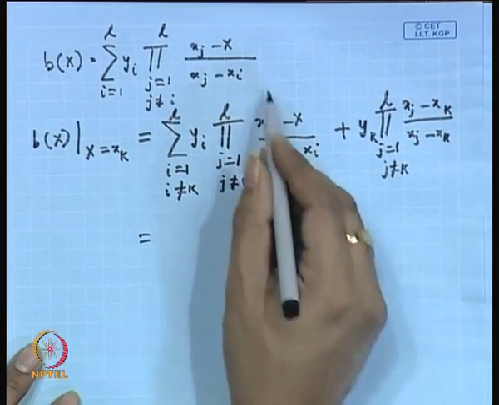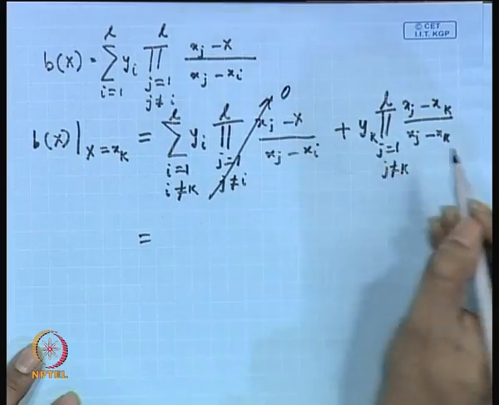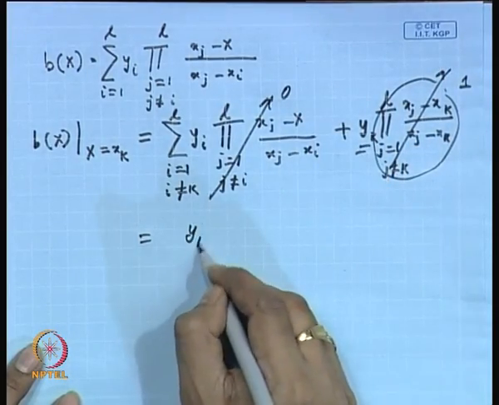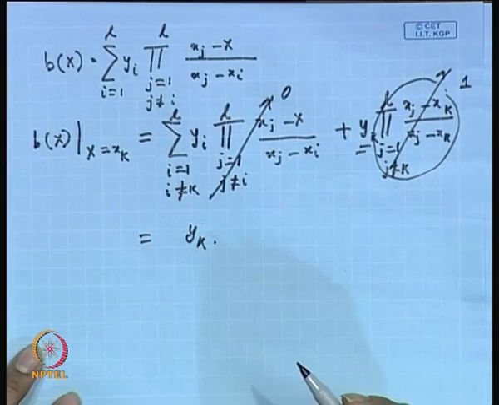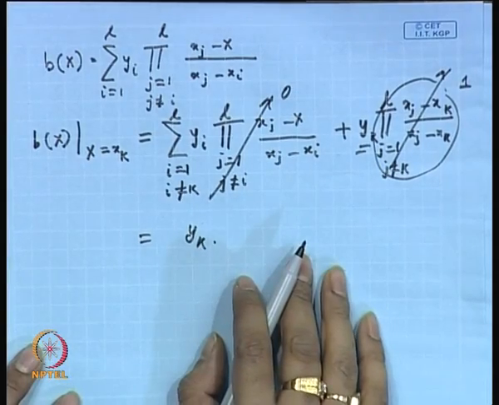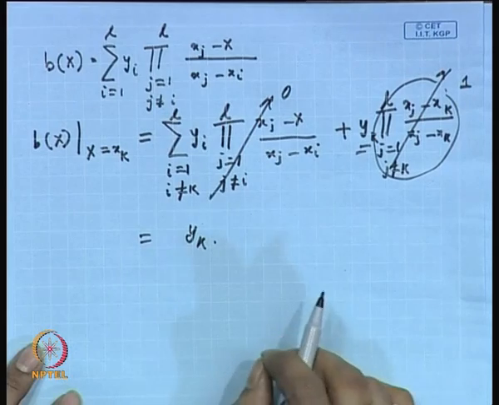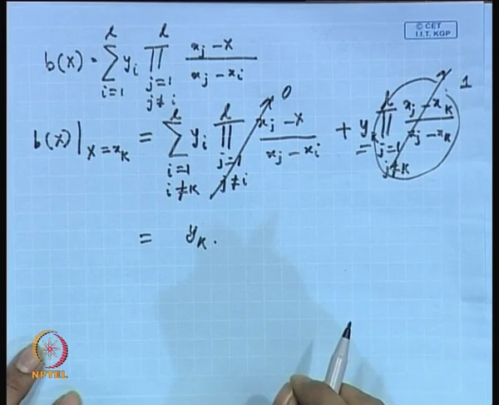Therefore, this will go to 0, this will go to 1, and you will be left with only the point y_k. So this holds for any k, and therefore for all the L values the Lagrange's interpolation formula indeed gives us one such polynomial, right.